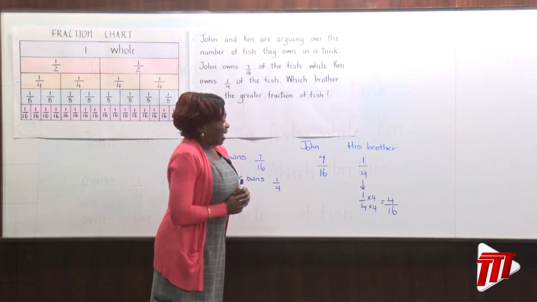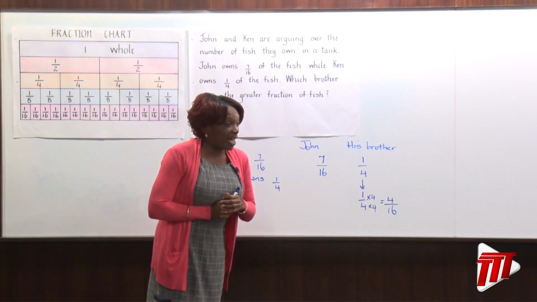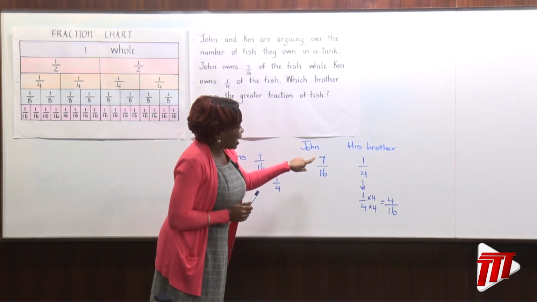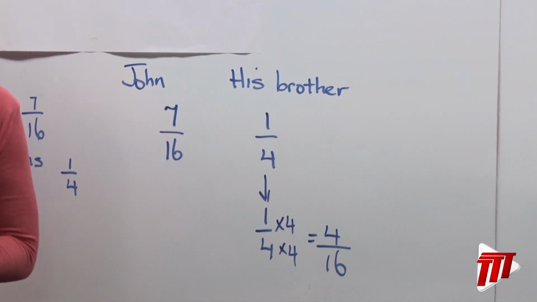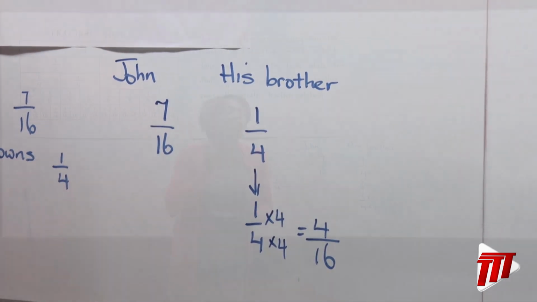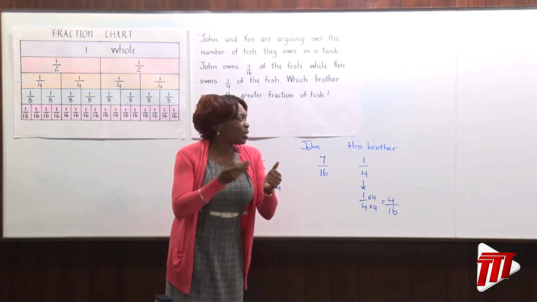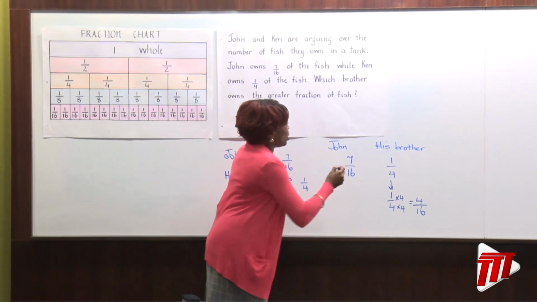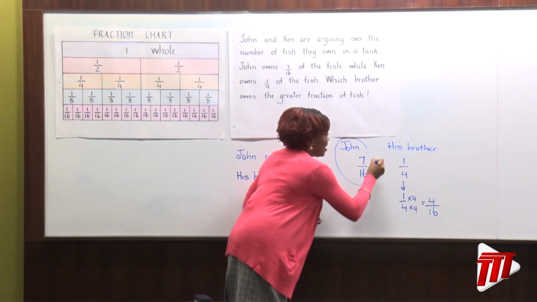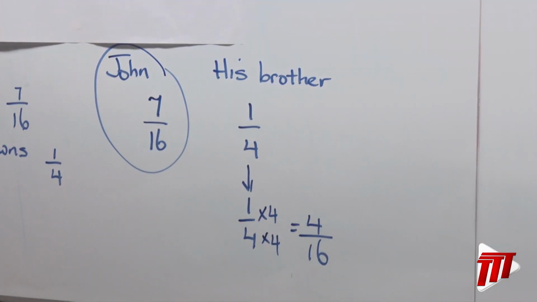Well, I think John has won this battle because John has 7/16 while his brother only has 4/16. Remember, we are looking at the numerator to tell us how many parts there are. John won this one. So John is the brother with the larger or the greater fraction of fish.